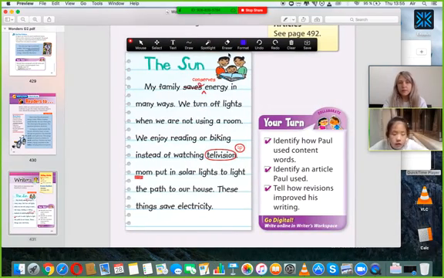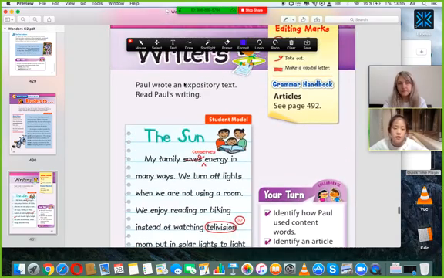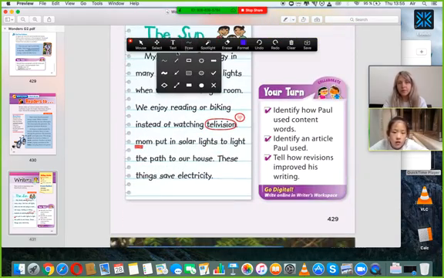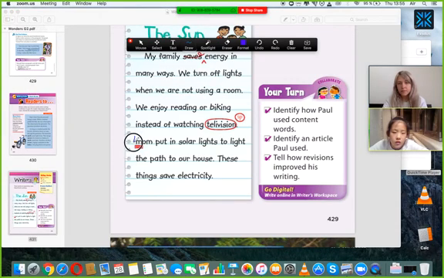And the next mistake, it's here. We need to make the capital letter. Do you remember the meaning of the word capital letter? It means this word needs to be written bigger. Yeah, that's right. So we need to write down a big M. Why should we use a capital letter here?